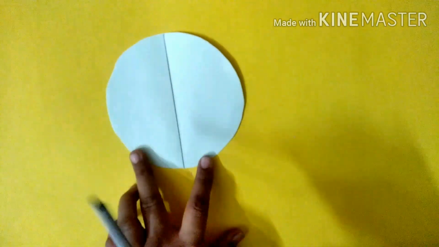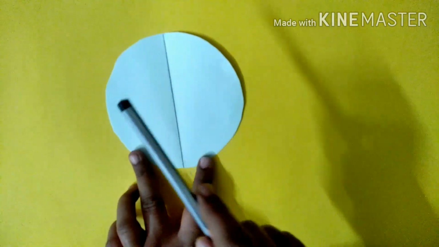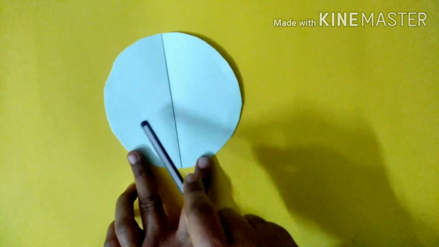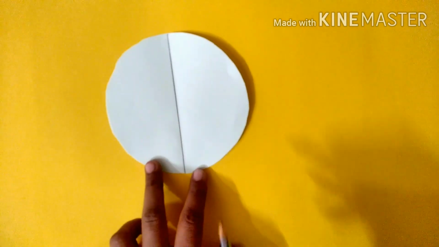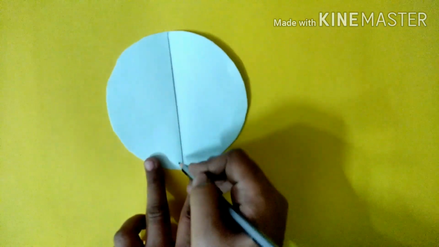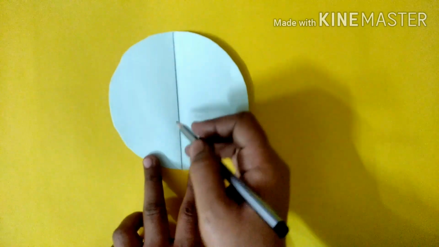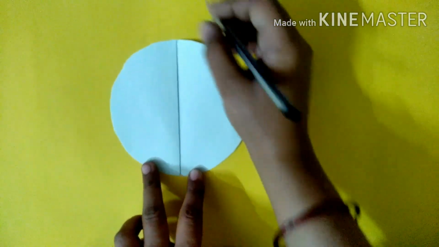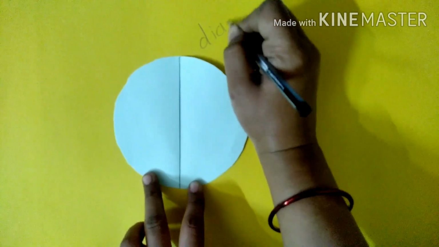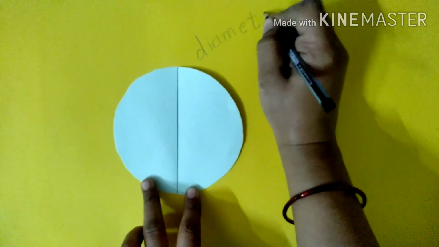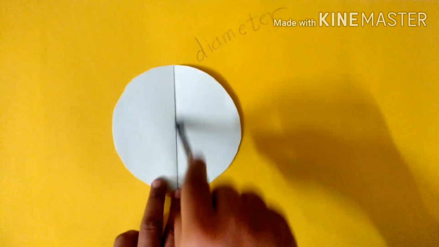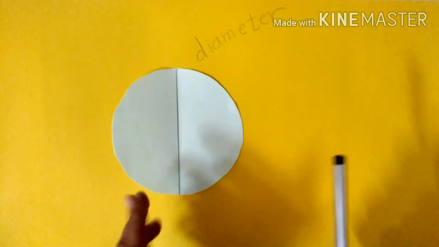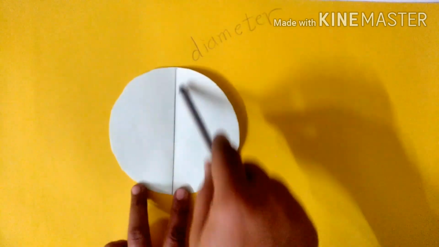This line is dividing this circle into two equal parts. You can see, this line is called diameter. When we draw a line in the middle of the circle, this line is called diameter. And it can also be called a chord of the circle.